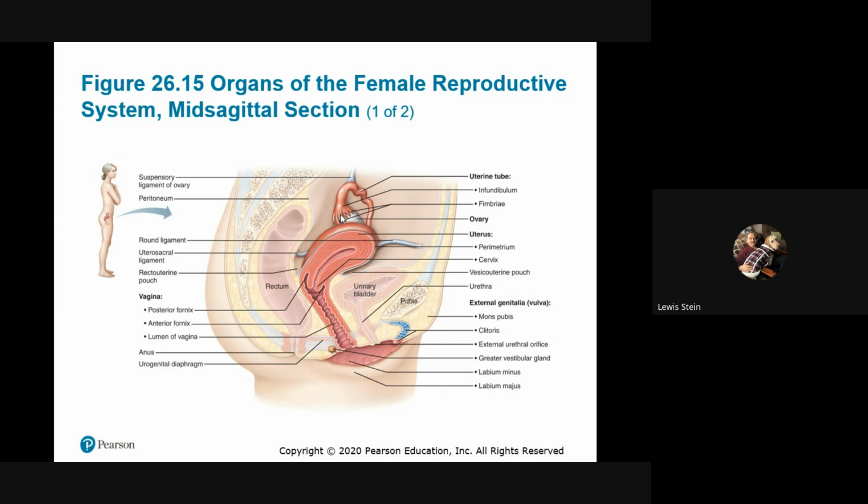A female is born with maybe 450 million or so eggs, divided roughly equally between the two ovaries. But when they're ovulated out, there's an opening here.